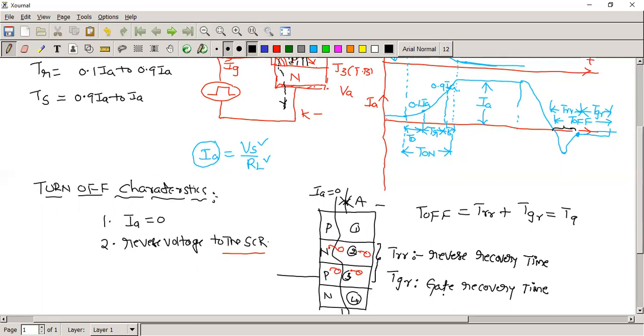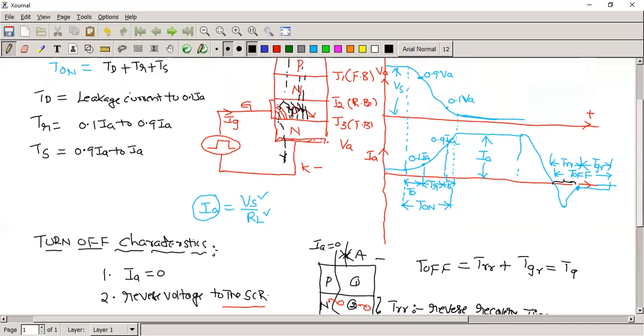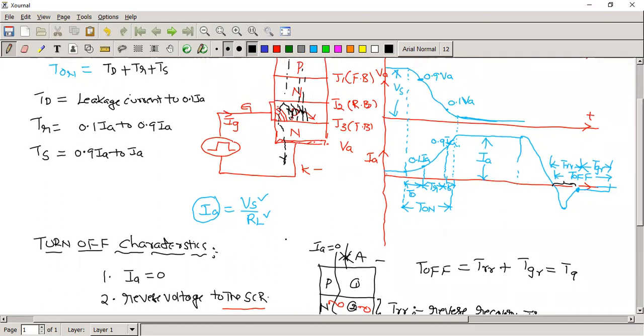Now, actually, these characteristics are almost the same as the diode characteristics. We can see the reverse recovery current in a diode also. Now, in this interval, you will see what happened.